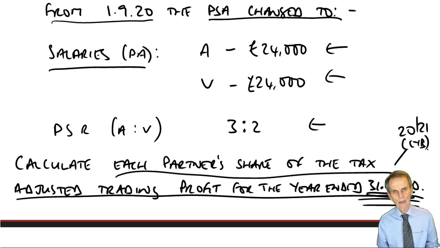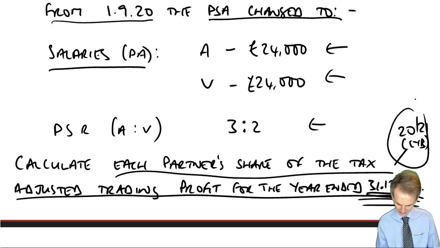So with the income tax computations for the 2021 tax year, for each of partner A, partner V, you would now include as their trading profit, their trading income assessment for that tax year, their share of that partnership profit of £60,000. But it is our task, of course, to find out what that share is, on what figure will they then subsequently be charged to tax, assessed at tax in the 2021 tax year.